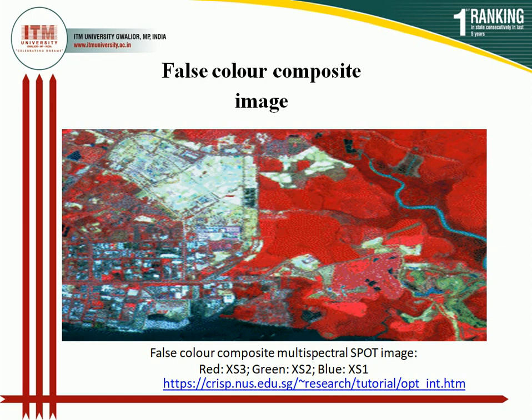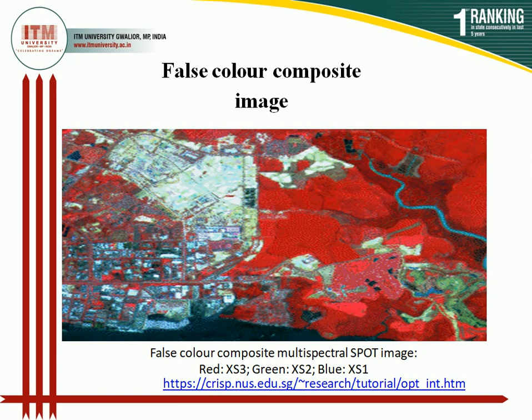In this, the red color represents the reflections which come from the area in the near infrared zone. The green color represents the area which comes from the red wavelength zone, and the blue color represents the area which is taken from the green band wavelength zone.